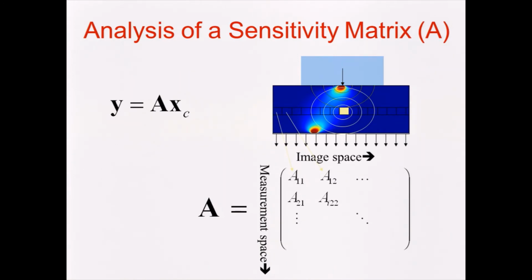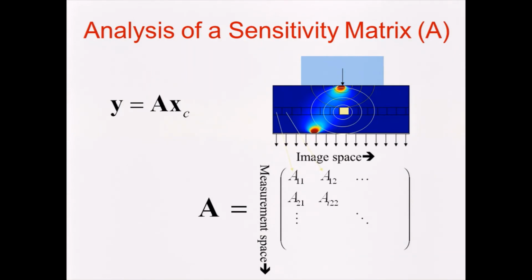It's basically making a map from image space to measurement space. In a normal system, this is hard to visualize or conceptualize, but you can do it if you really simplify the problem. So here's a very simplified diffuse optical tomography setup where you have one light source and a whole row of detectors, and we're only going to try and image just this one row of voxels.